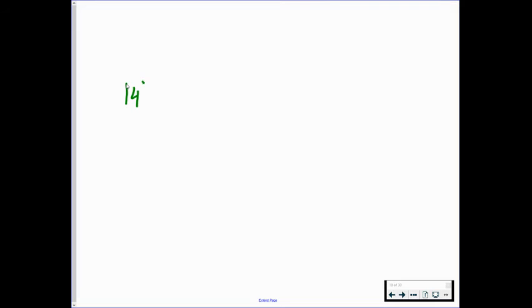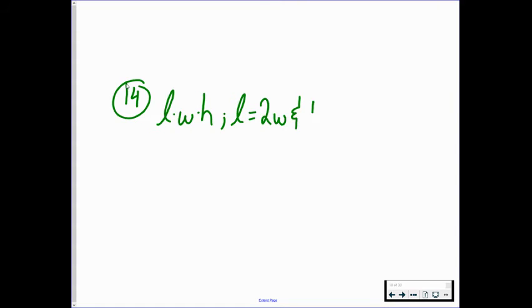On the last one on this section, question 14 says L, W, H, those are all multiplied together. L equals 2W, and H equals 5W. So in place of L, I'm going to put 2W.